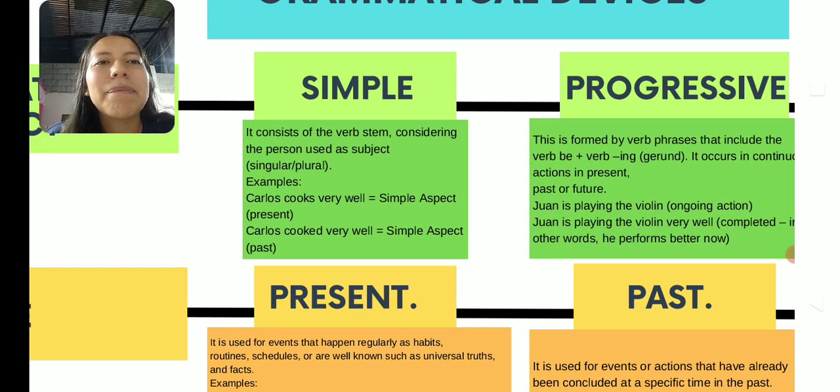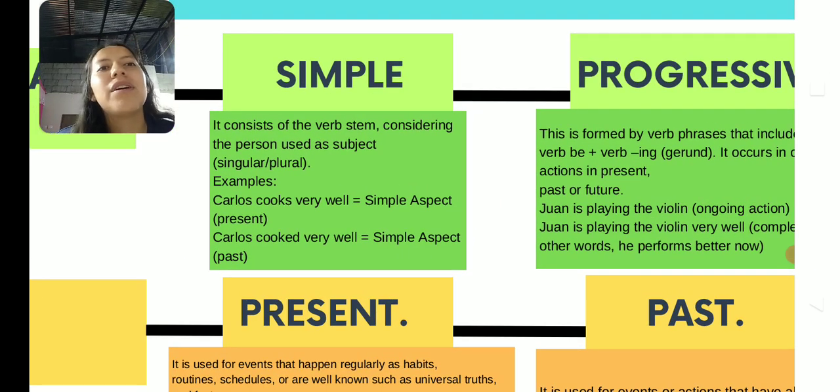The simple consists of the verb stem considering the person used as subject. It could be singular or plural. Therefore, it determines if the verb should be inflected by using the s or es.